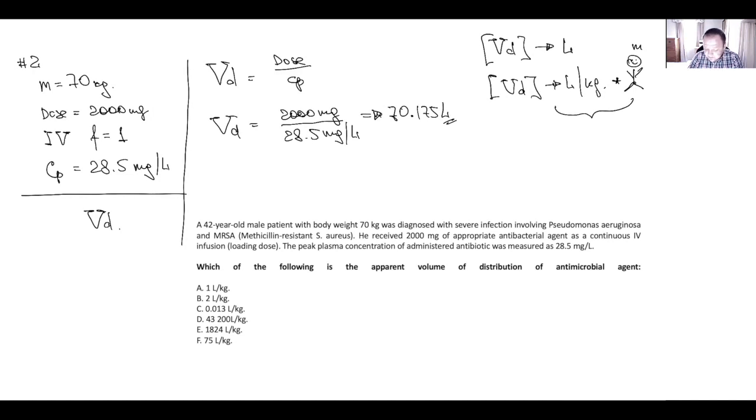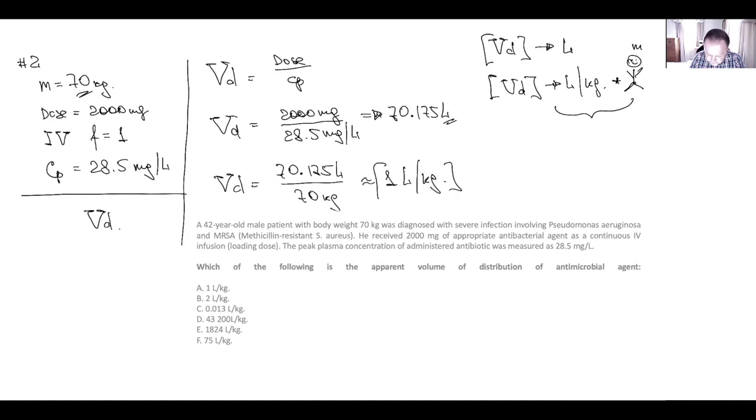How to calculate liters per kg? We have a person with 70 kilograms of body weight. So actually we can calculate the volume of distribution as 70.175 liters divided by 70 kg. And this will be approximately 1 liter per kilogram of body weight. And this is the right answer.